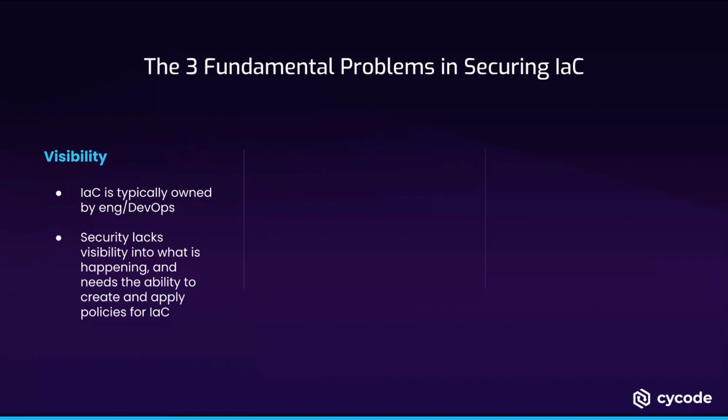So security often doesn't even get the opportunity to look at these templates and definitions and determine if they are secure or not. That is a blind spot. Ideally, security should have the ability to not only see these templates, but also to create and apply policies for your IaC so that it can be rolled out in a secure manner.